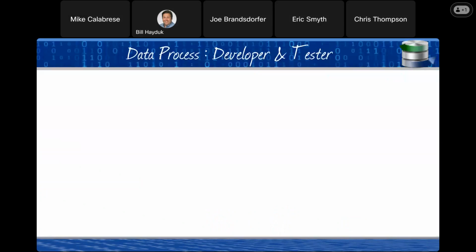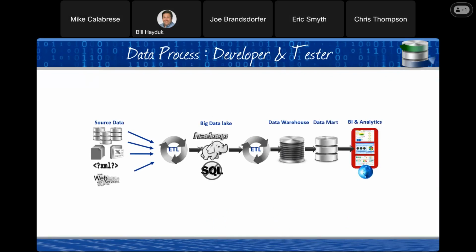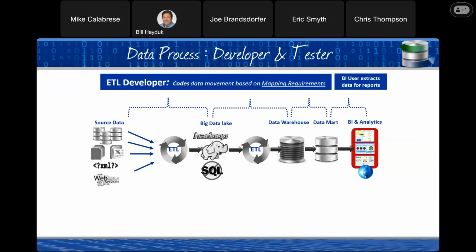Let's take a look at the basic data testing process first from the developer's perspective. Anytime data is moved from one system to another, there are usually mapping requirements or instructions for how that data should be moved. And the ETL developer is responsible for coding that movement, orchestrating a pipeline to make sure that data is organized as expected based off of those mapping requirements.